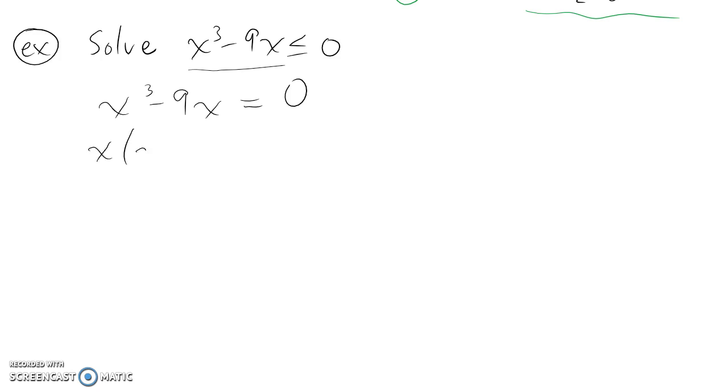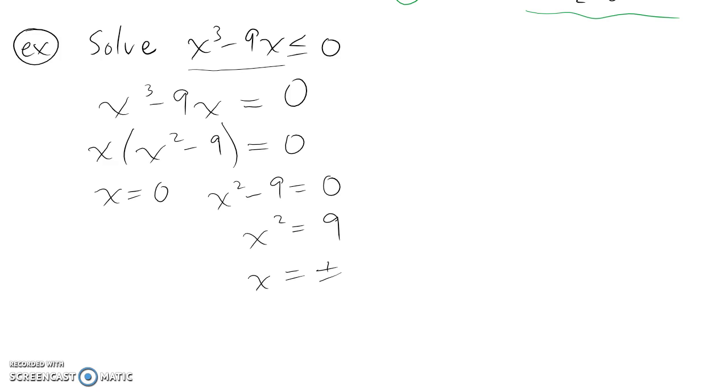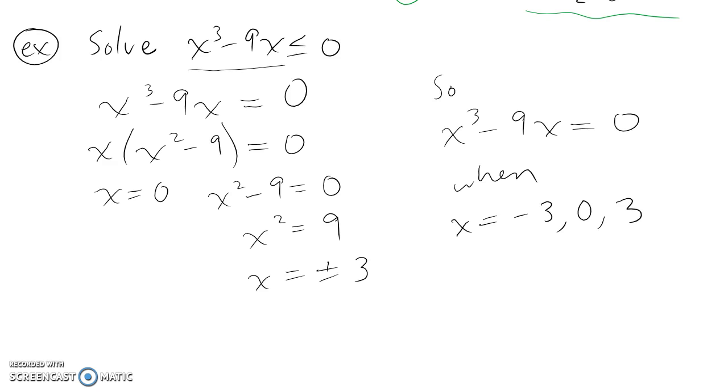And if you remember how to solve polynomial equations, we're going to factor and then set each factor equal to 0, and then solve both resulting equations. So notice I get x is equal to 0 or x is equal to plus or minus 3. So what this is telling me is that x cubed minus 9x is equal to 0 when x is negative 3, 0, or 3.